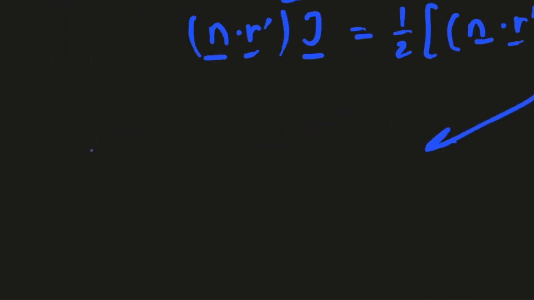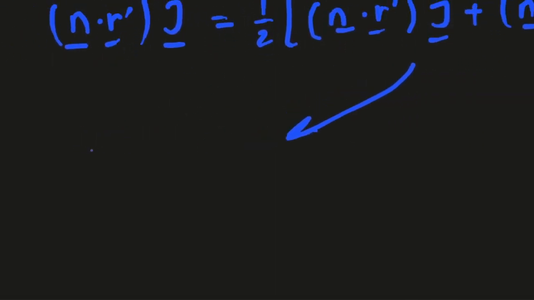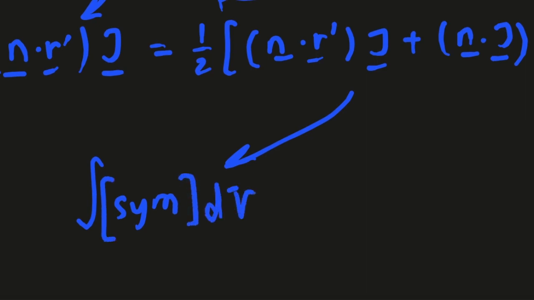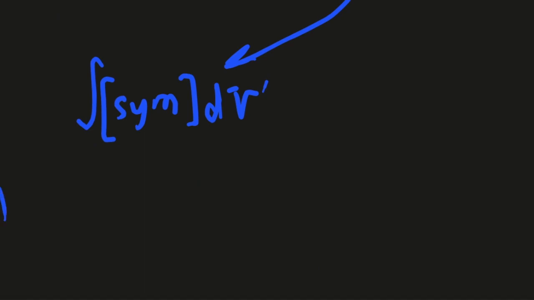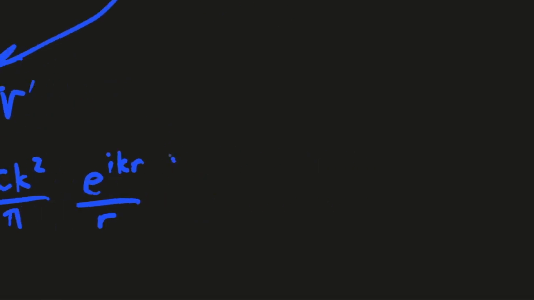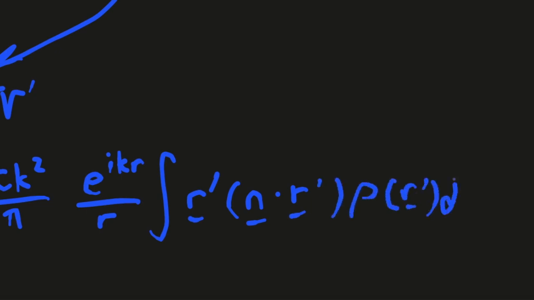I don't really want to go through all the math here, but if you take an integral of this symmetric term, you can get that this term contributes something that looks like mu naught c k squared over 8 pi e to the ikr over r integral of r prime n dot r prime rho r prime dv prime.